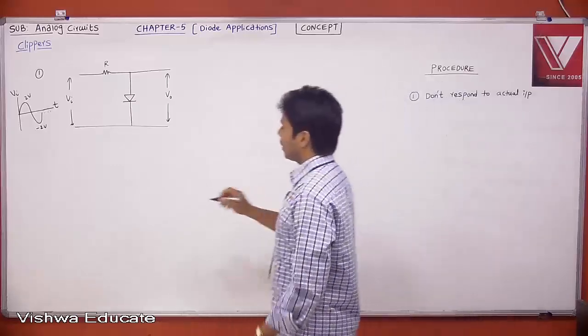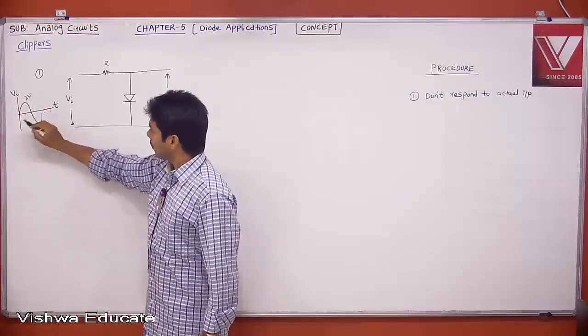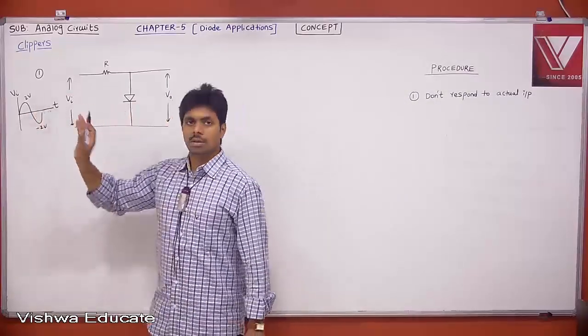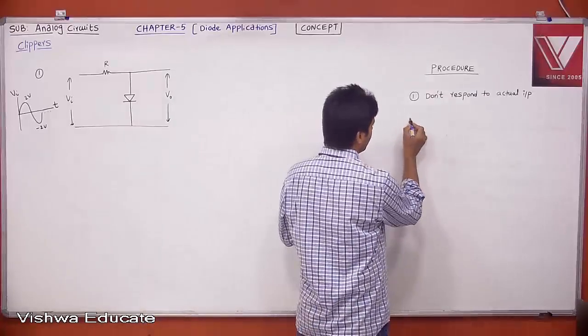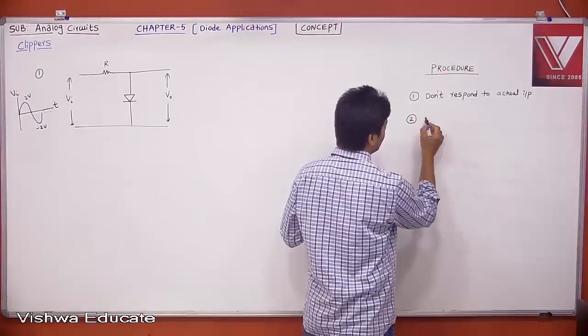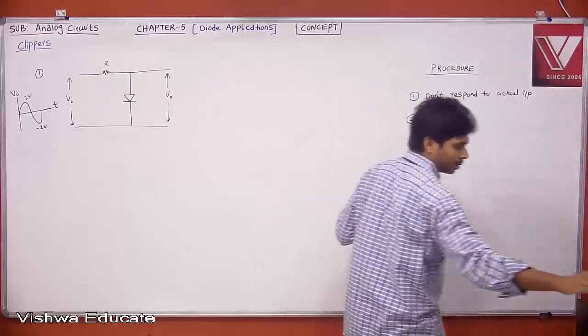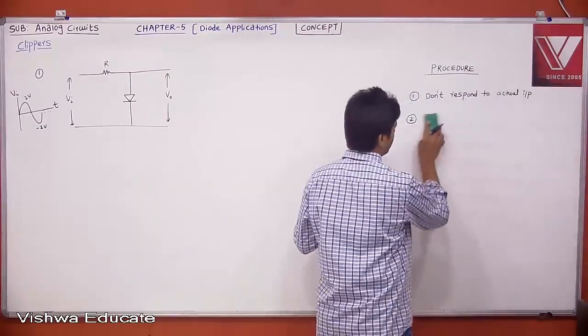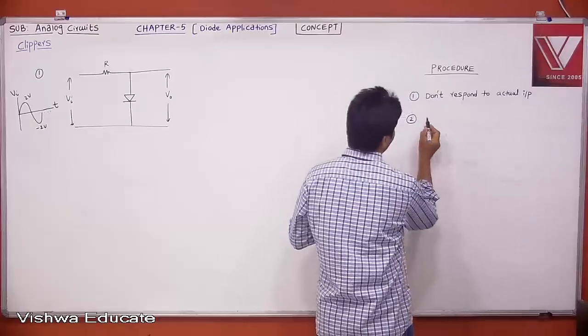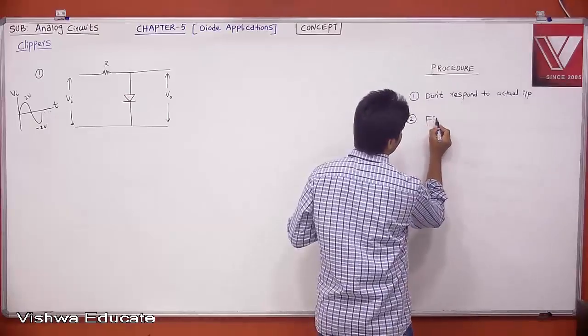What does it mean? When I say the actual input is a sine wave, don't respond when the input is increasing. Instead, treat, or I can say, find the transfer curve.